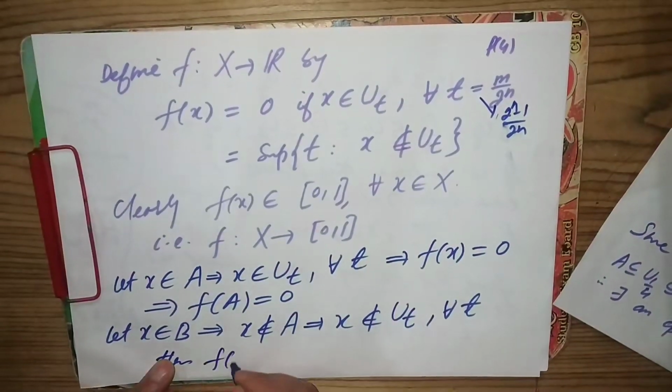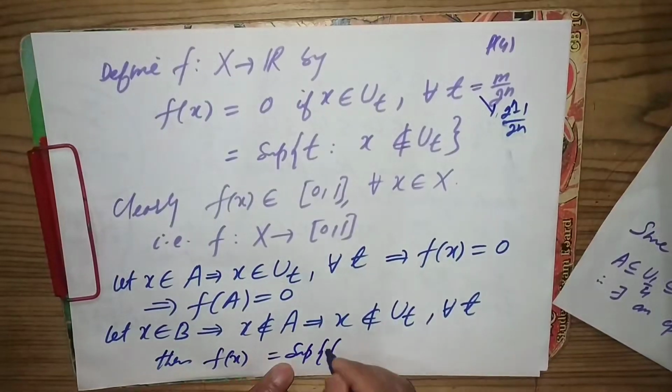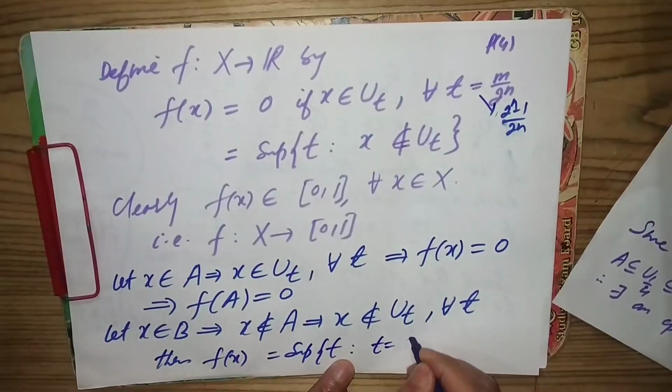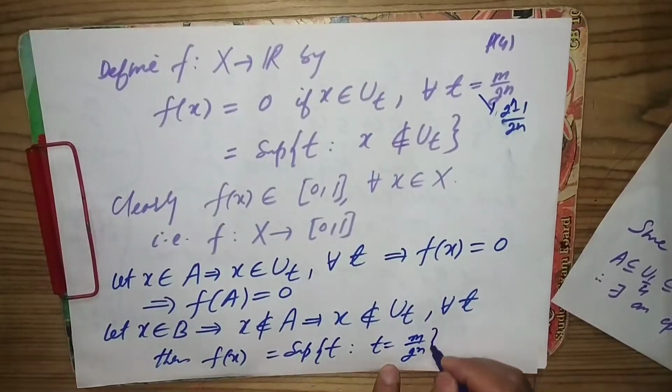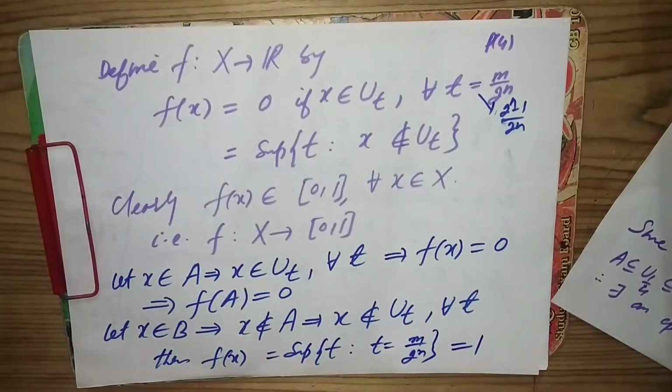So f of X, which is equal to the supremum of t's, where t is a dyadic rational, m by 2 to the power n, where n is any number and m runs from 1 to 2 to the power n minus 1, this supremum is obviously equal to 1. You can easily verify it.